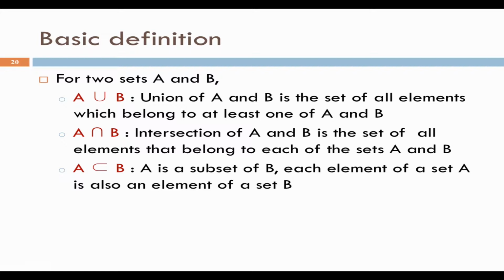The first one is A union B. This represents the set of all elements which belong to at least A or B. In logic symbols, A union B is really A or B. So that would represent the whole space that's defined by A and also by B. The next one is A intersection B. This is the set of all elements that belong to both sets A and B. And the next one represents A is a subset of B. That means each element of A is also an element of B.